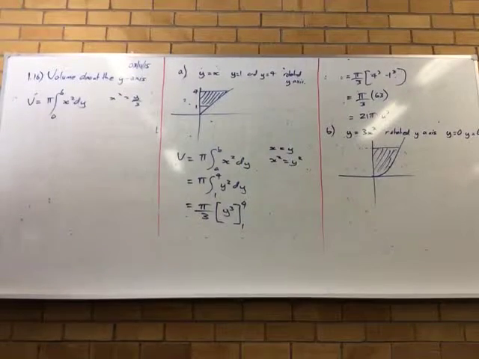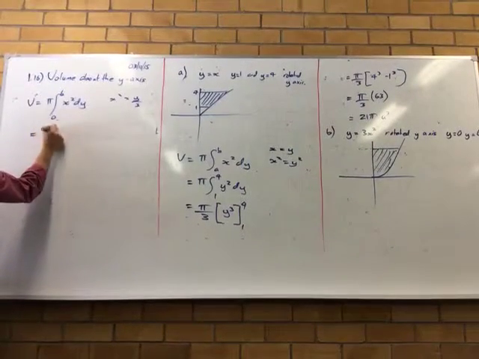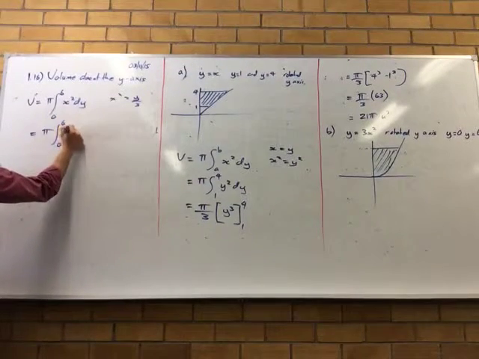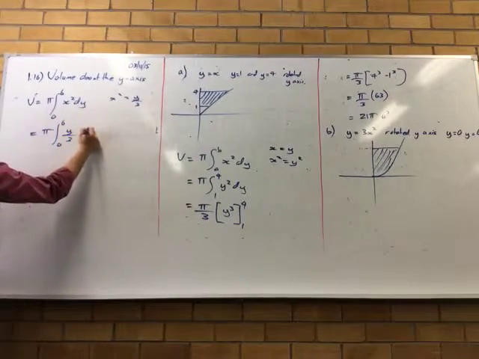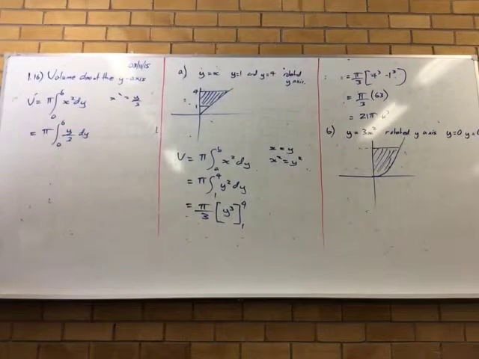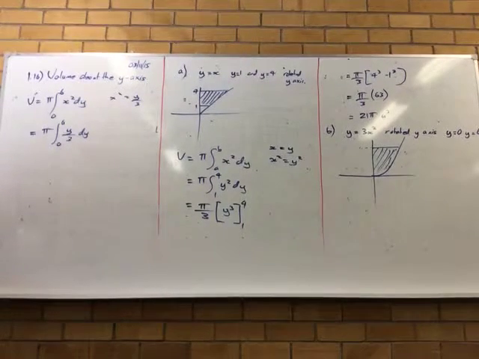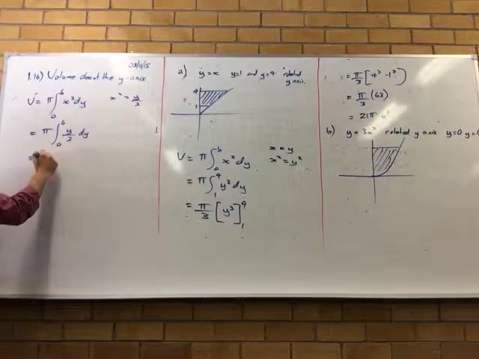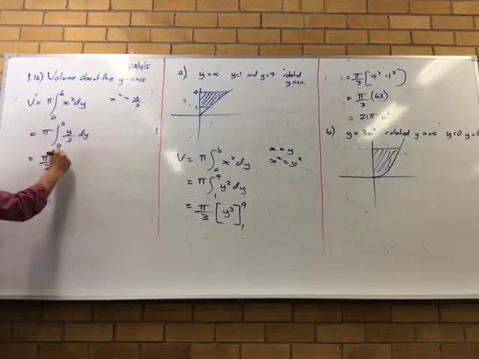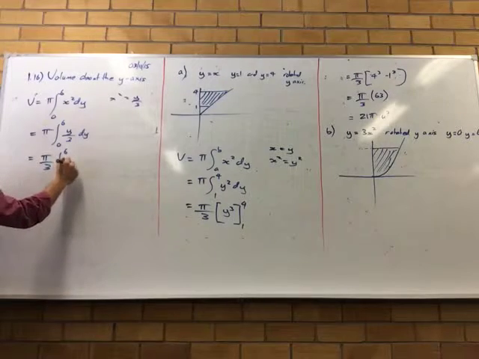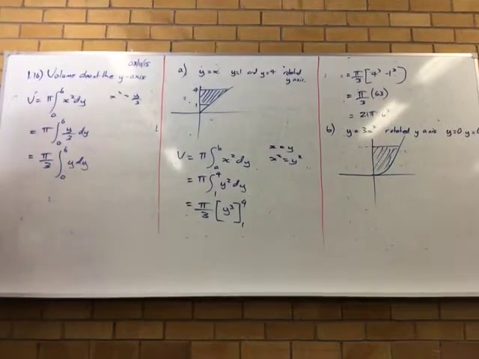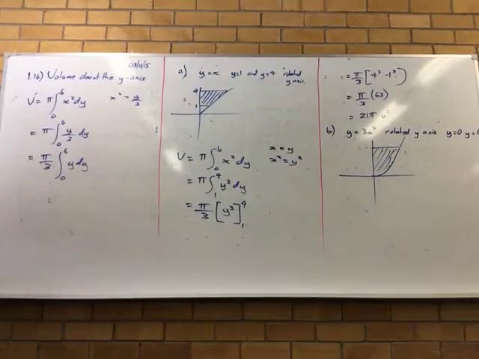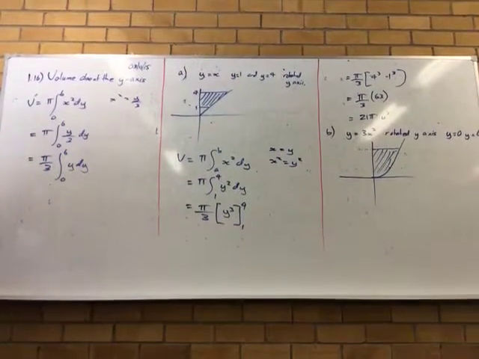So it's y over 3 dy. Now this is the same because I'm dividing by a constant, so pi on 3, integral from 6 to 0 of y dy. The more constants I can remove, the less working I have to do inside the bracket because I've already factorised it out.